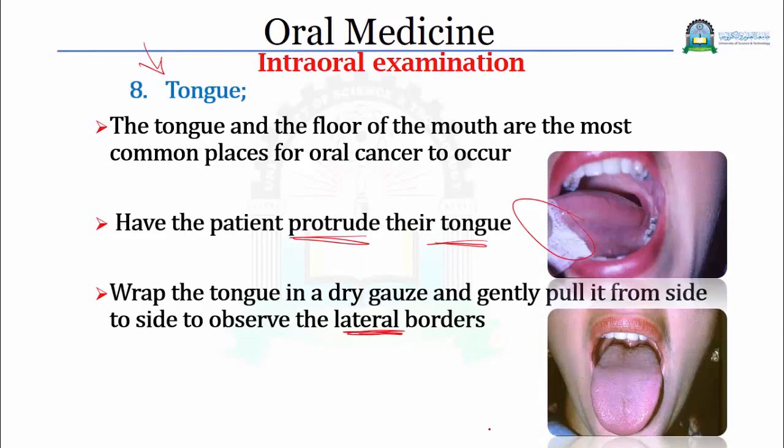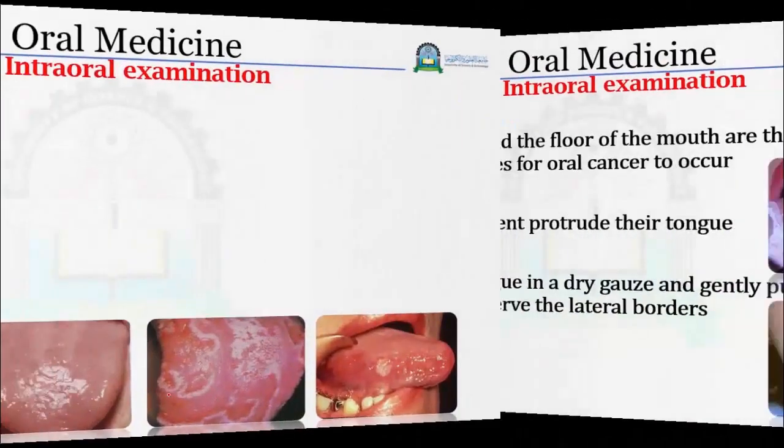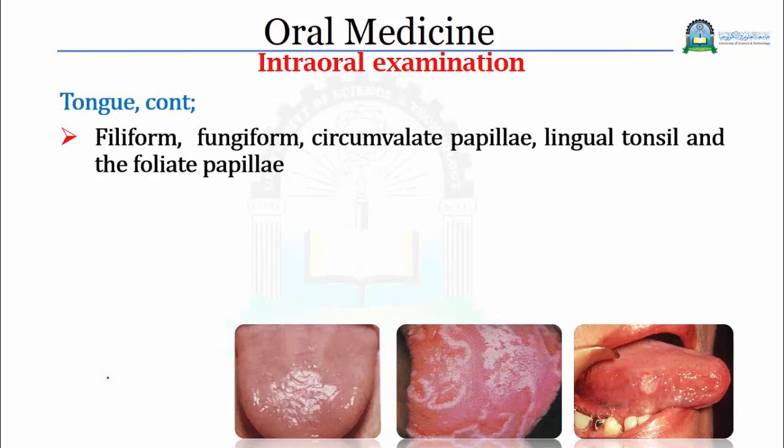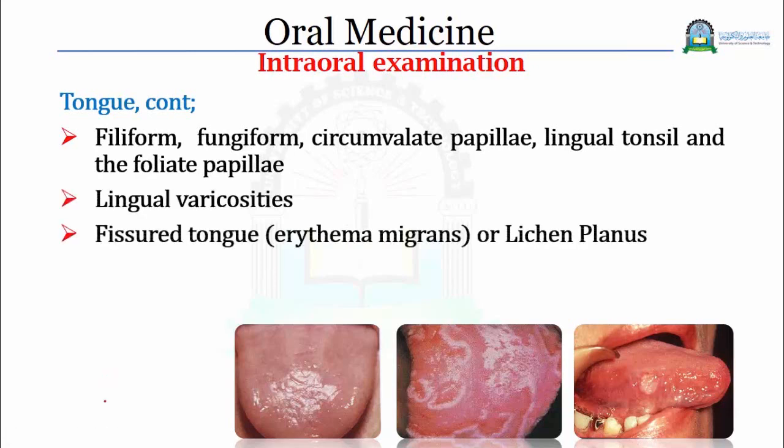You need to emphasize the examination of the lateral borders of the tongue, since it is the most common site of lesions on the tongue. The tongue also might be affected with other lesions, which may be normal variants or other lesions.